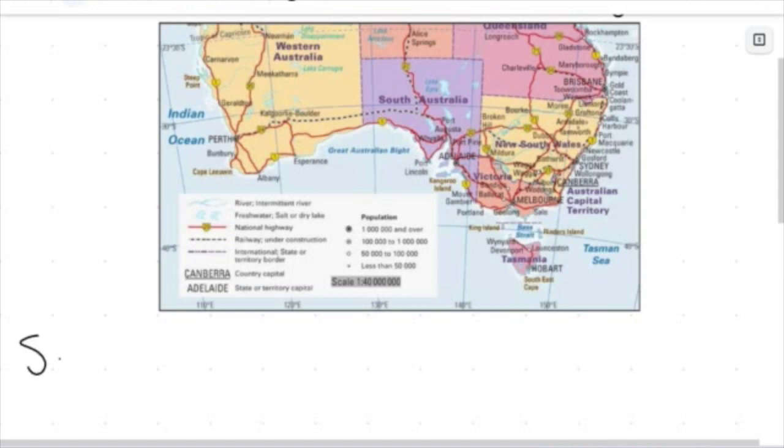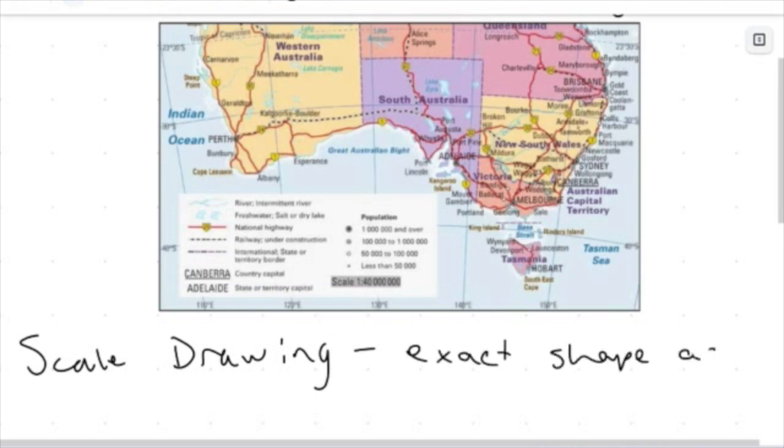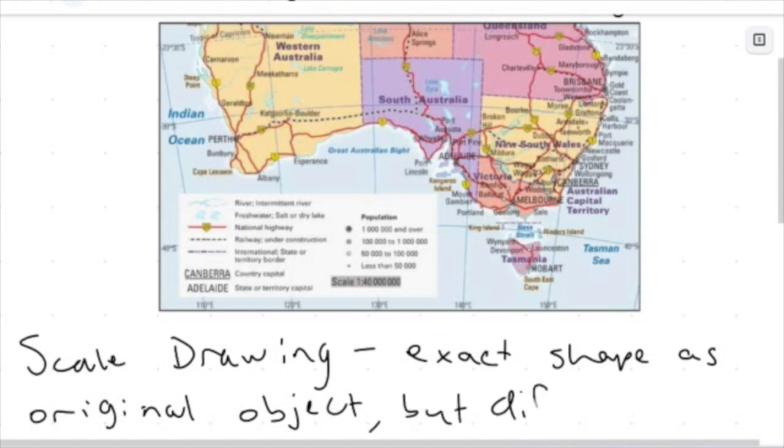So a scale drawing, what's important to note about these is that it has the exact same shape as an original object, but it has a different size. That is what we mean by a scale drawing.